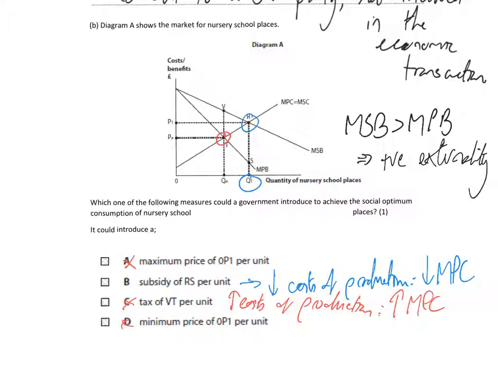That subsidy, which is equal to RS, is going to bring about quite a substantial shift in the MPC. And that creates a new free market equilibrium between MPC1 and MPB at point S, and that coincides with the socially optimal consumption level of Q1. So the answer to part B of this question is B, a subsidy of RS per unit.